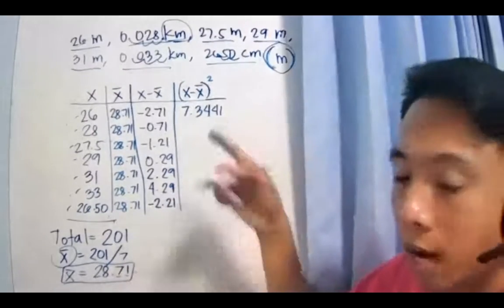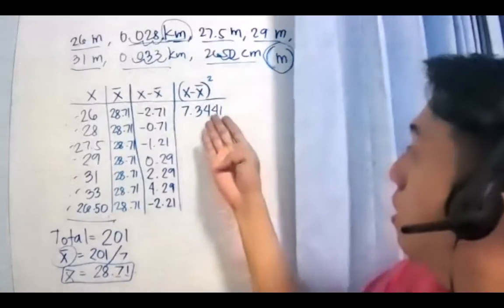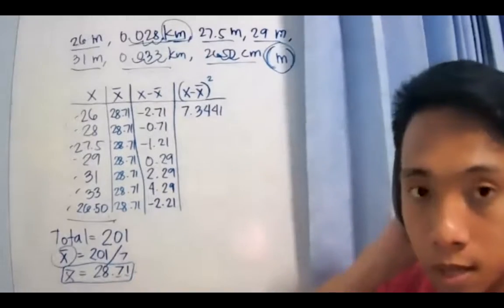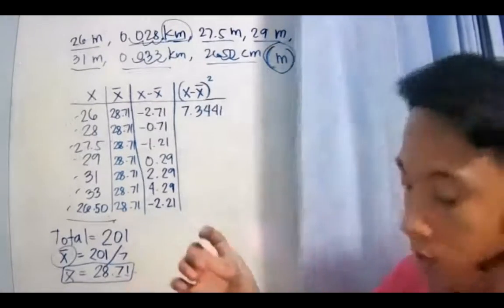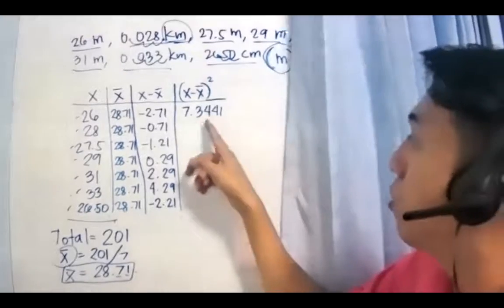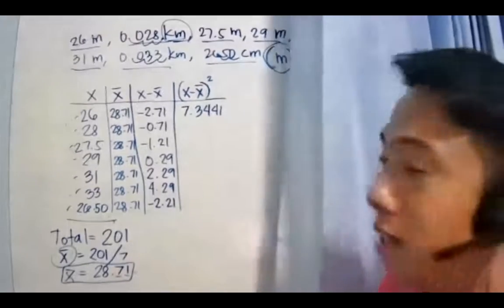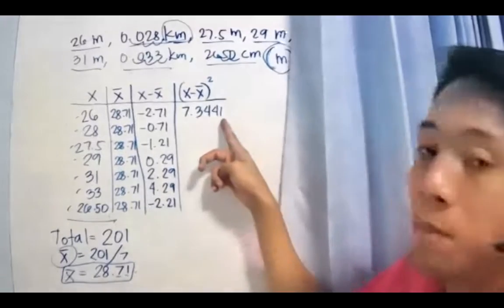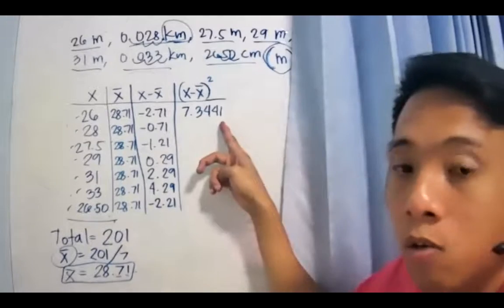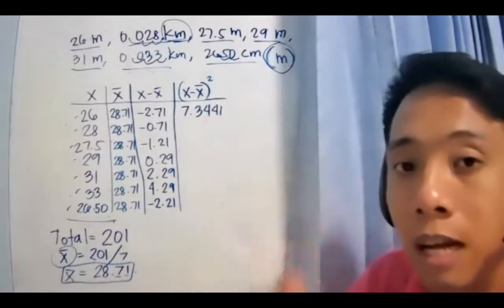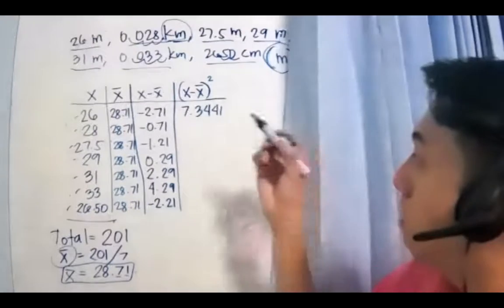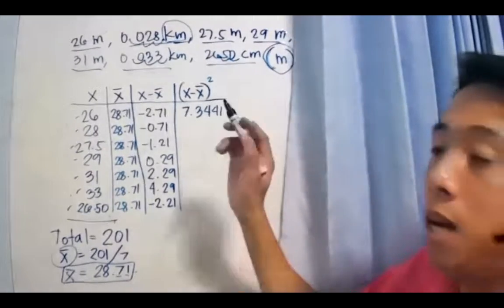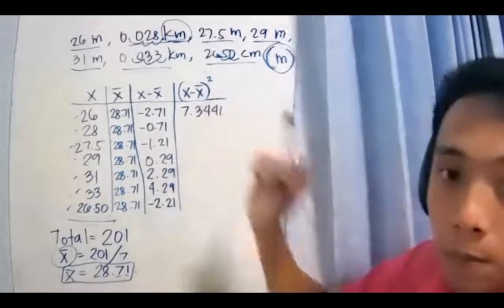We need to decide if we will use all the numbers on a given answer in our calculators, or we will just reduce it into 2 decimal places. I think it is more accurate if we will use all the numbers in the calculator. Kung ano yung lumabas sa calculator, yun ang ating gagamitin. Okay? So since lumabas is 7.3441, then we will copy those here. You got it?